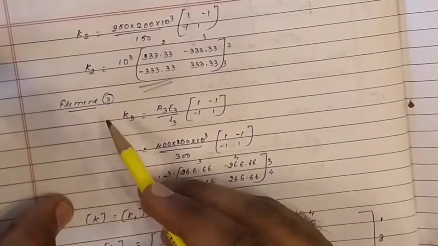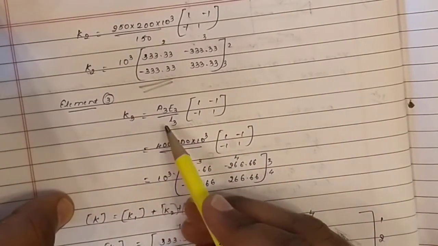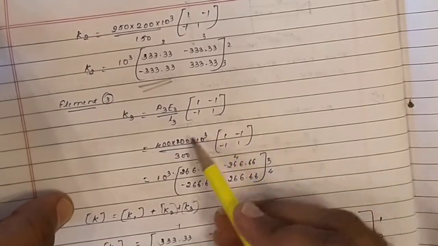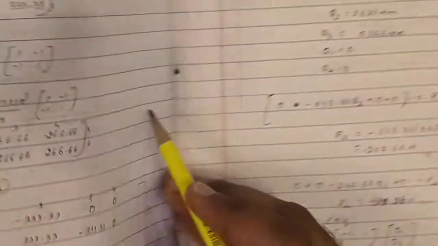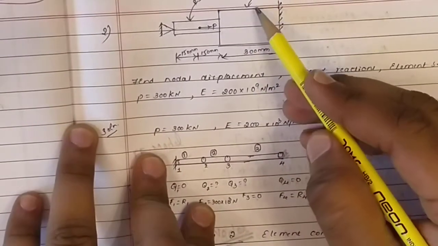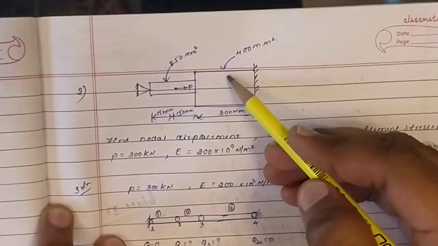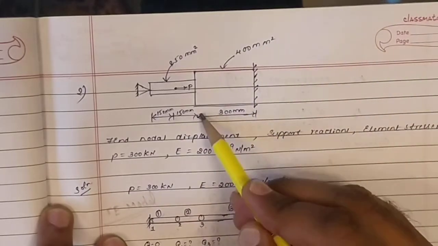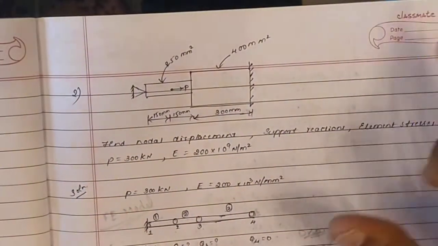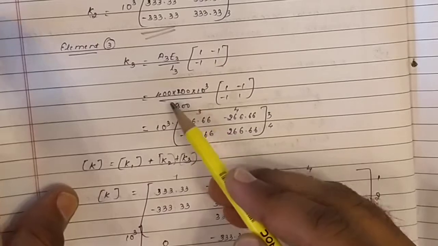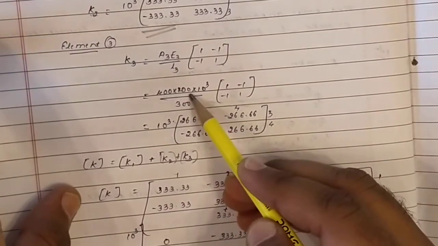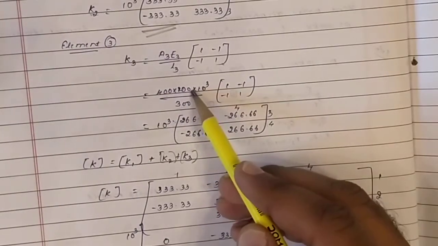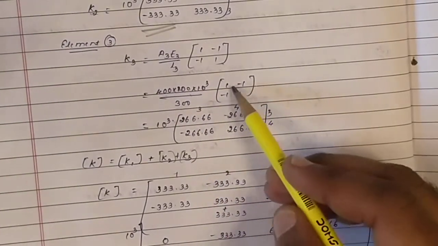Coming to element 3, K3 is equal to A3 E3 by L3 times [1 -1; -1 1]. What is A3, the area of the third element? Area of the third element is 400, length is 300, and E is 200 into 10 power 3.